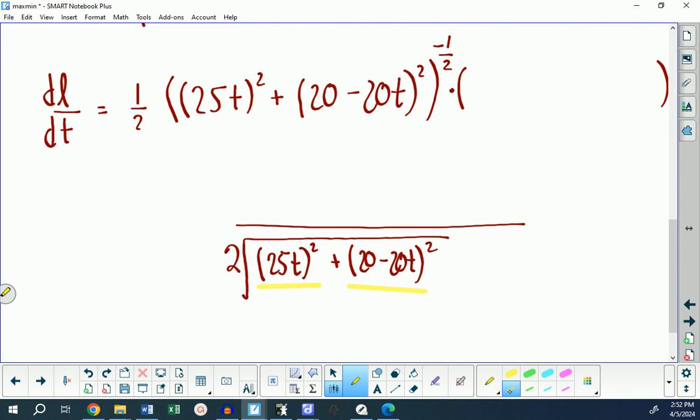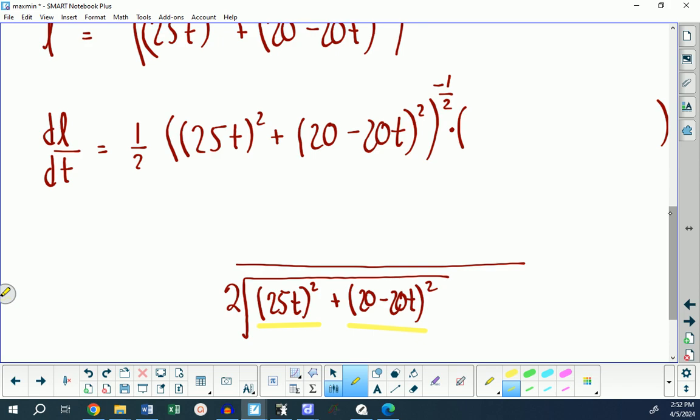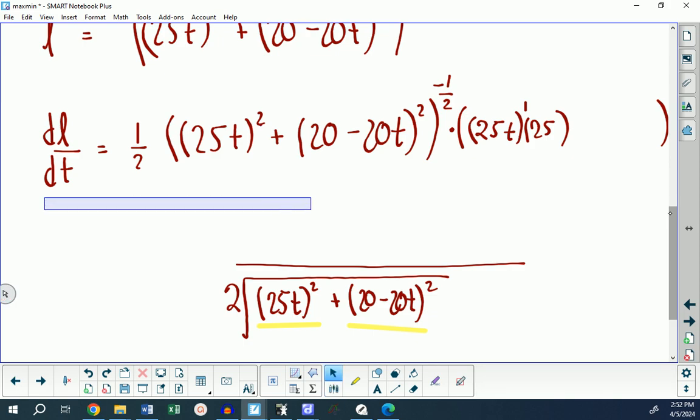Okay? This part is not relevant. What will be relevant is the derivative of what's inside. You could certainly do it by squaring, since 25 squared is 625, but I'm going to write it as 25t raised to the 1 times the derivative of what's inside, which is 25. I'm wrapping the exponent of 2 around the 25t.